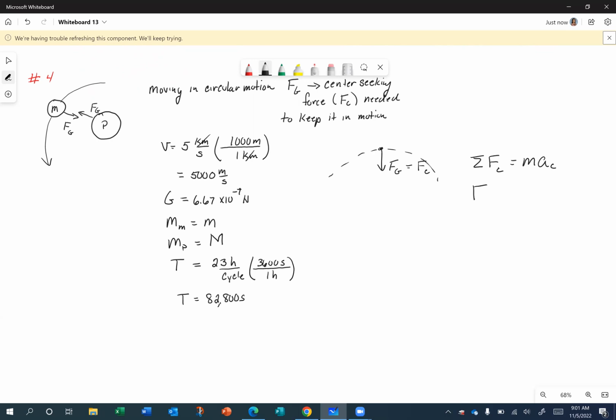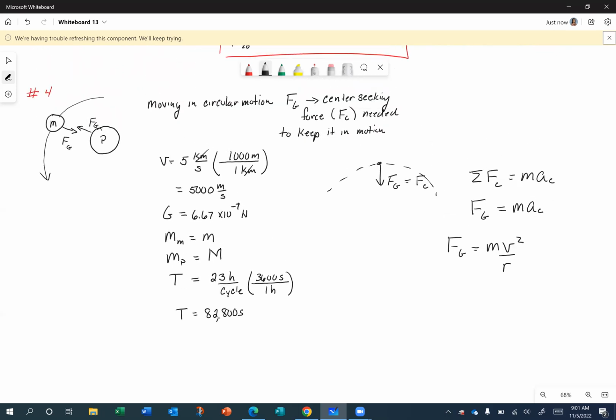So that means your force of gravity, the only thing acting towards the center, is going to equal your mass times your centripetal acceleration. So the force of gravity is equal to m. Centripetal acceleration is v squared over r.